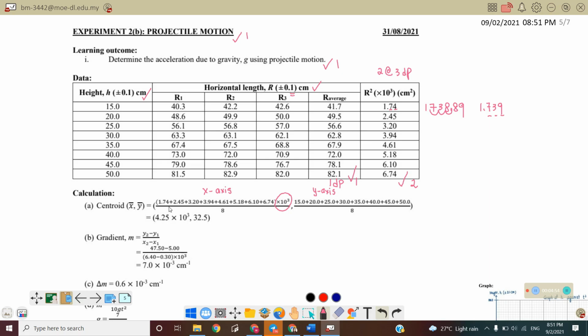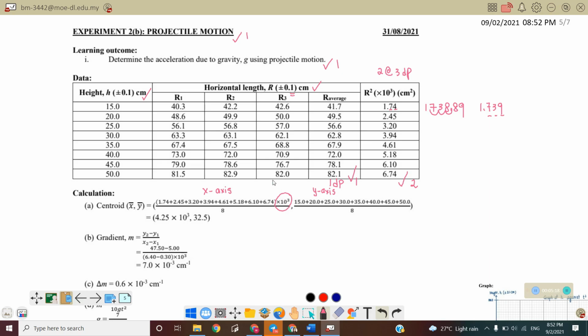So you cannot write 1.74. After you write everything, you bracket it, then you must times 10 to the power of 3. Remember this one. If you write it, you will get 1 mark. If you didn't write it, you will lose 1 mark, because this is actually not 1.74. This is actually 1.74 times 10 to the power of 3, so it's 1740.